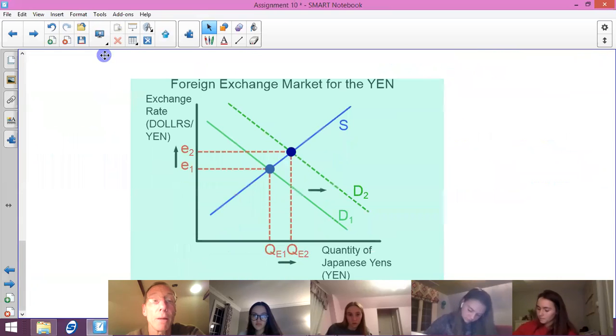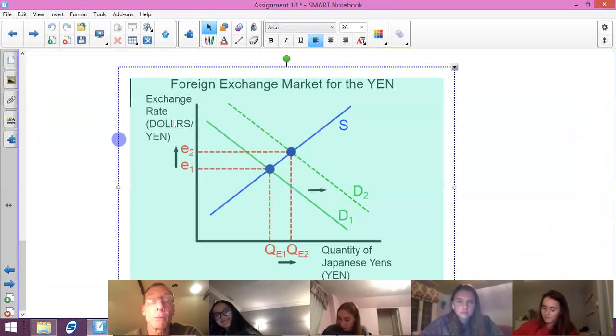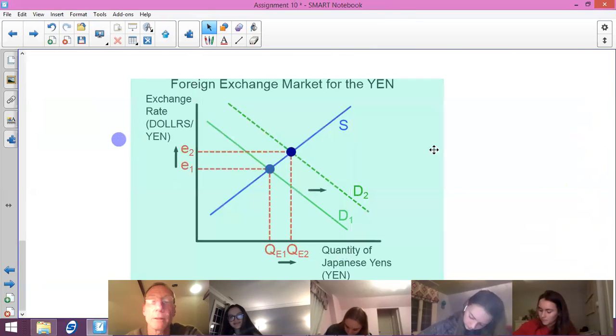And whatever is here is going to be in the denominator up here, okay? And then the other currency is going to be dollars, right? Dollars over yen, right?